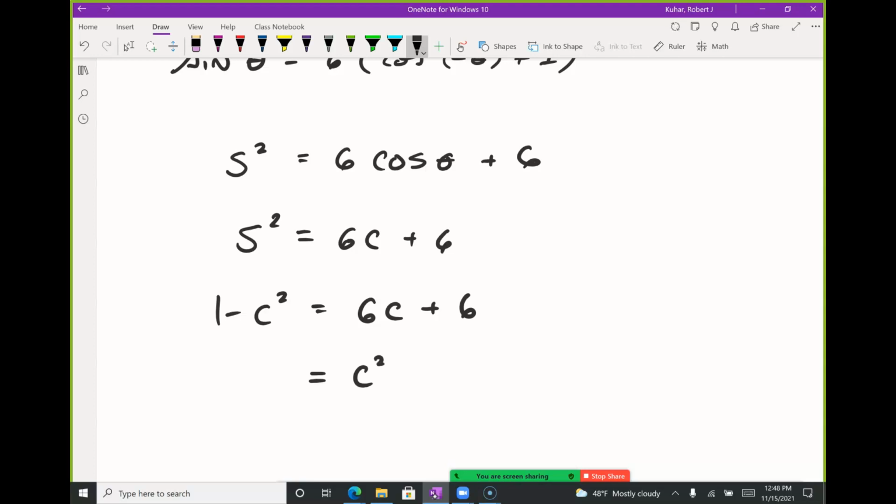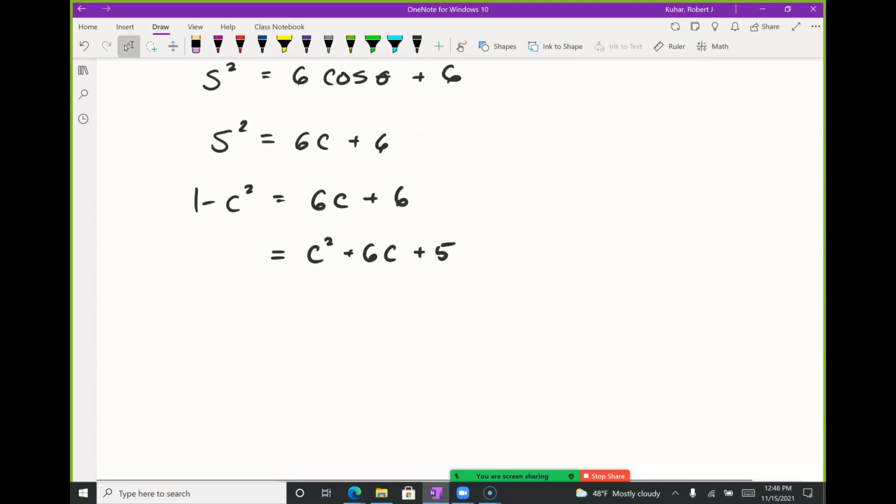So I get c squared plus 6c plus 7. No, plus 5. Plus 5, thank you. So there's my quadratic, right?